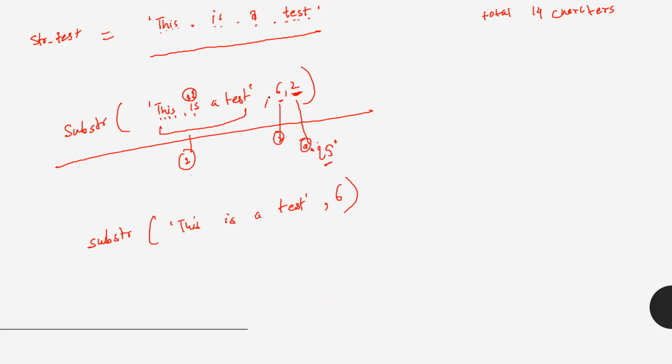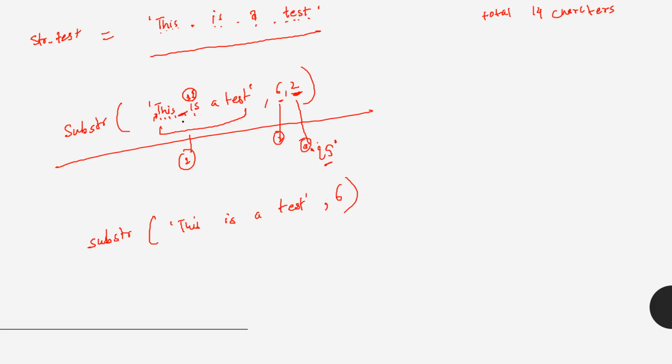And how about the 2? I understand the 6, and at the 6 we have I. So 6 is the starting position. That's how we reach the starting position. T is the first character, H is the second character, I third, S fourth.